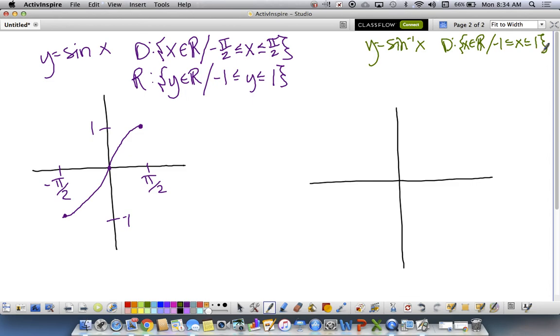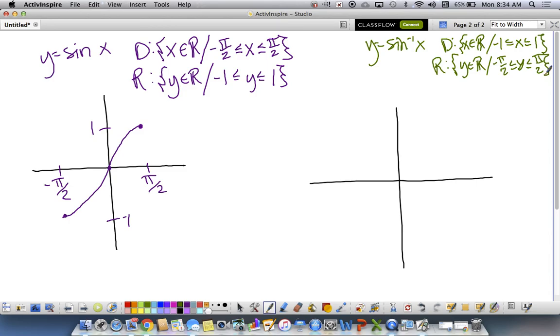This range is now the domain of the inverse function. What is the range? It is the set of all real numbers y such that negative pi over 2 is less than or equal to y, less than or equal to pi over 2.